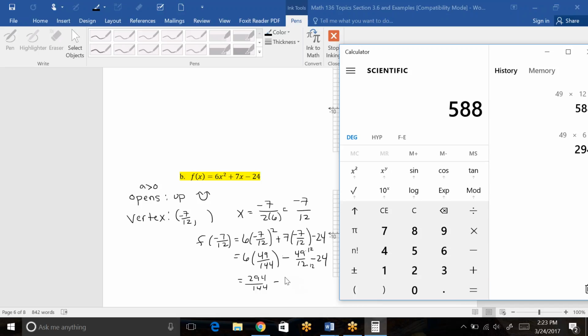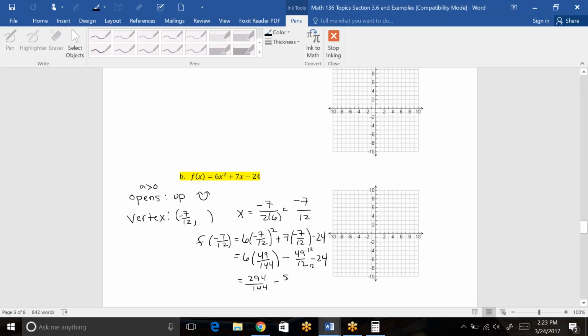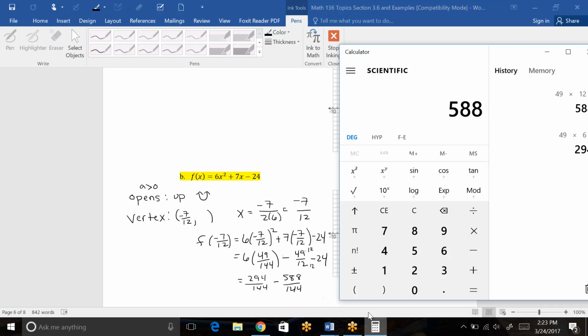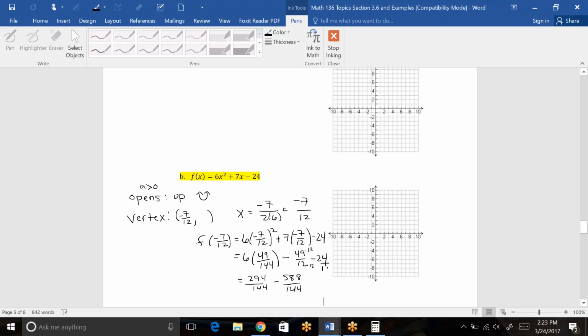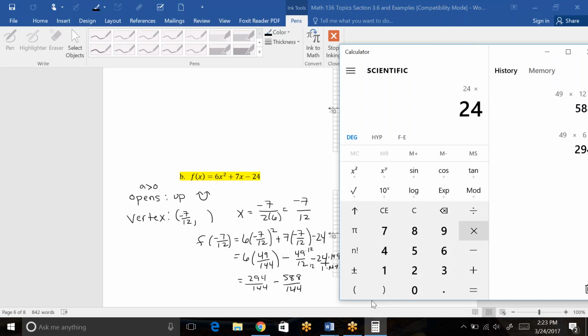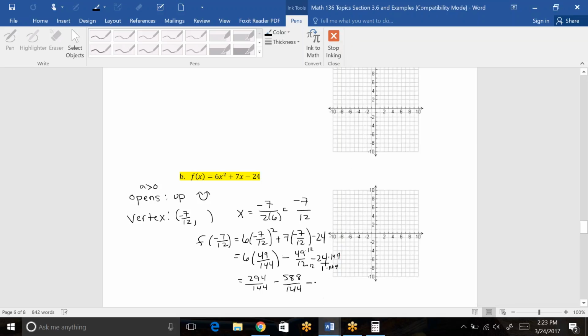You could just type this all into a scientific calculator, but I don't on my computer. Then we need to multiply the last term by 144 on top and bottom so that it has the same denominator as the others. So 24 times 144 is 3,456. So minus 3,456 over 144.